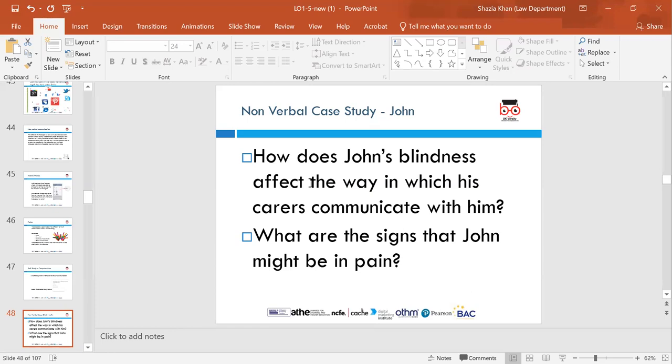Because he's blind, he may show it in his posture, his facial expression, how he's communicating to the carer. So it's very, very difficult sometimes for people with disabilities to communicate things across.